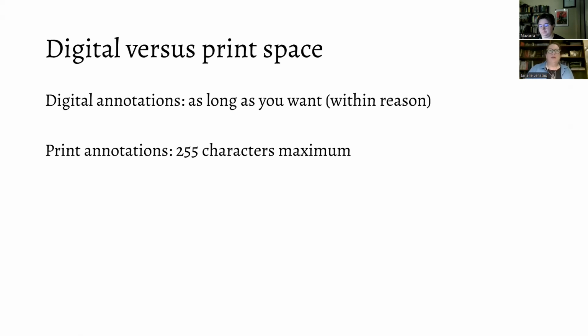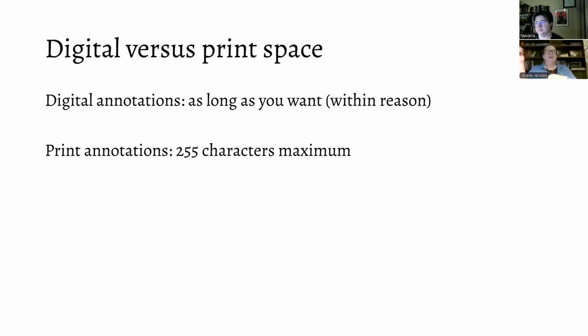When we start generating the galleys for the print text, we actually replace commentary notes that are longer than 255 characters with a message that reads "overlong note." Now, I didn't have a single example because Navarra and our editors have done such a fantastic job of cutting down the notes.